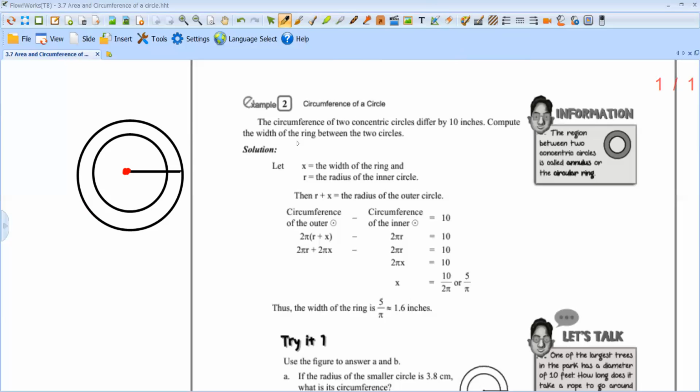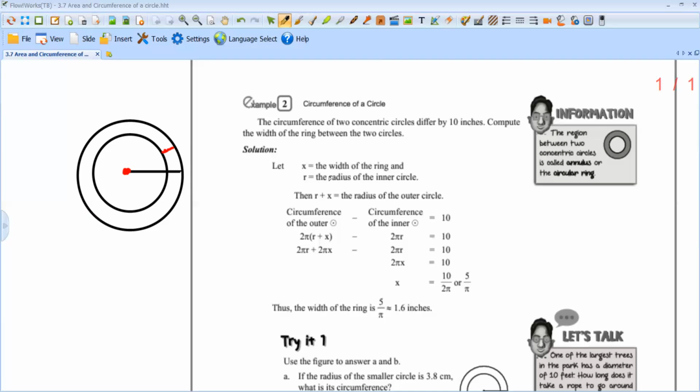Compute the width of the ring between the two circles. So we are looking for the width of this one, right? The width of the two. This is the width of the two circles.